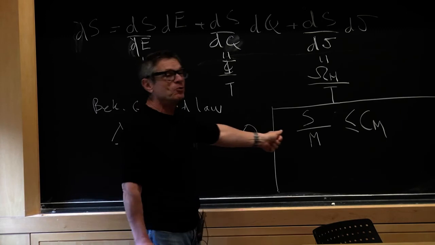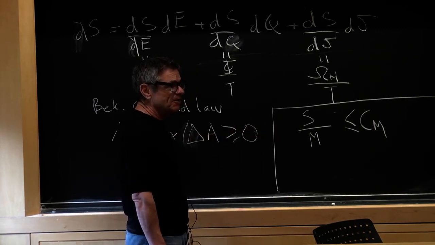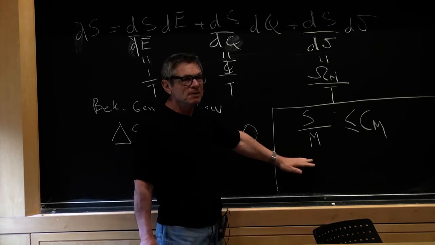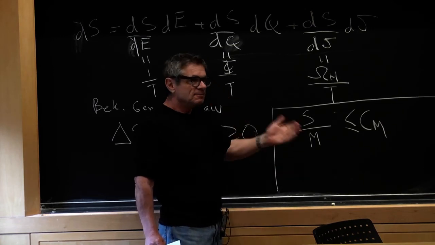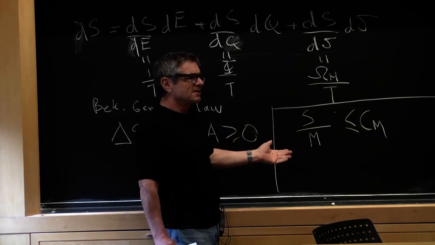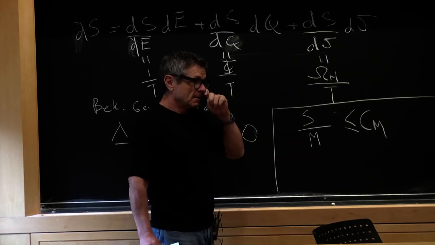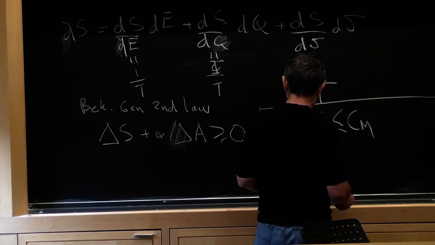If there were no bound whatsoever on this, you could violate the second law for any constant alpha. So it must be some universal property of all consistent theories that the entropy per unit energy is bounded from above by something.